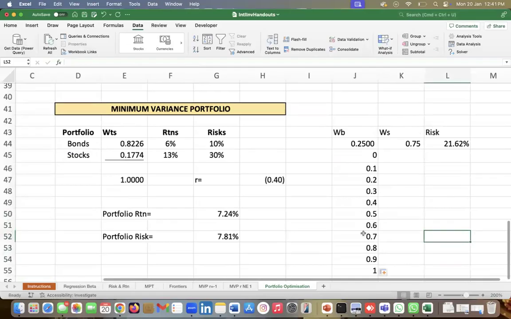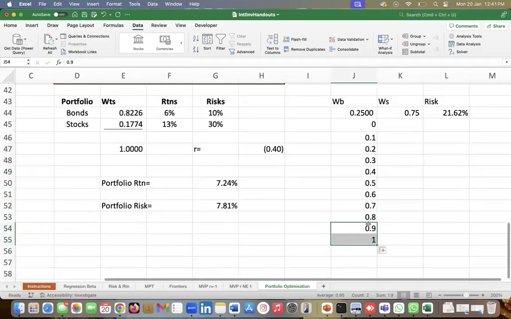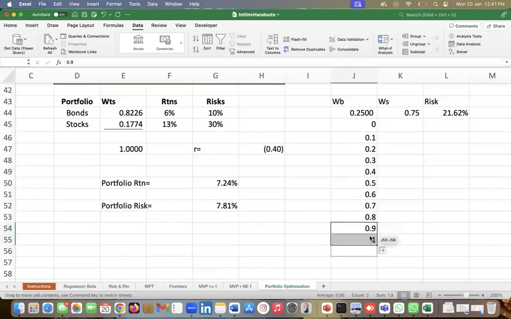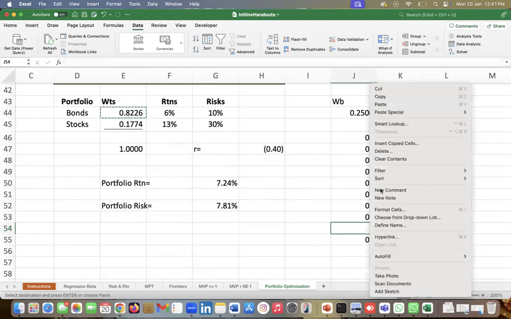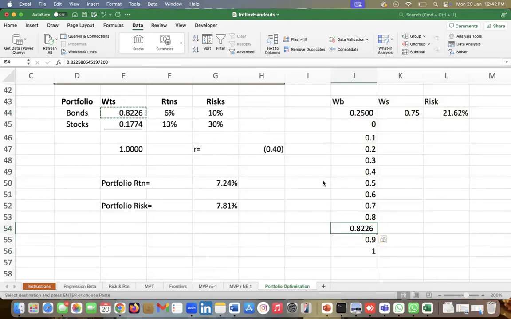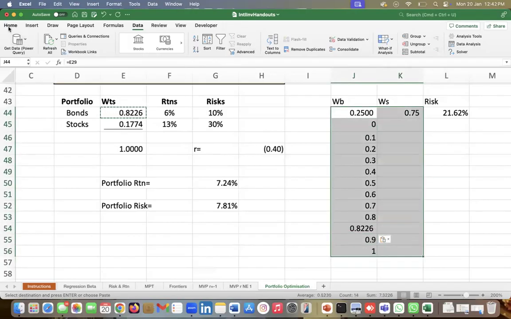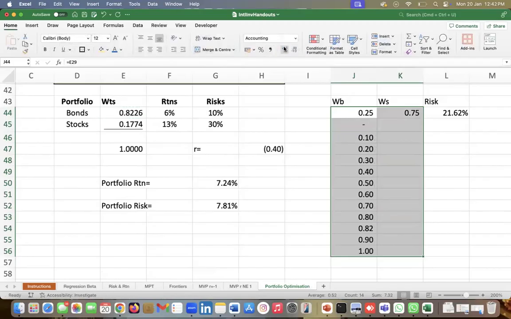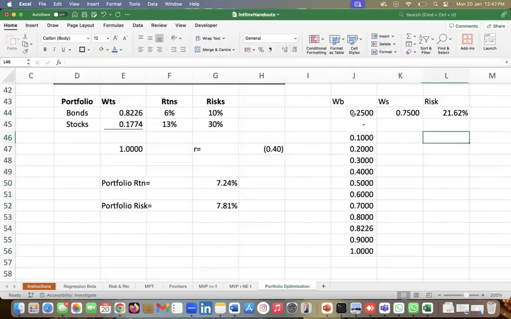And here between 0.8 and 0.9, just to check whether the weight is actually getting the minimum risk, I will put this 0.8226 also here. And here I'll just take this.